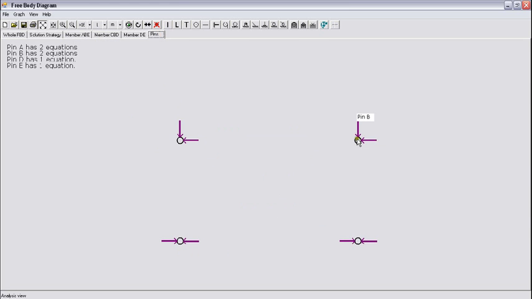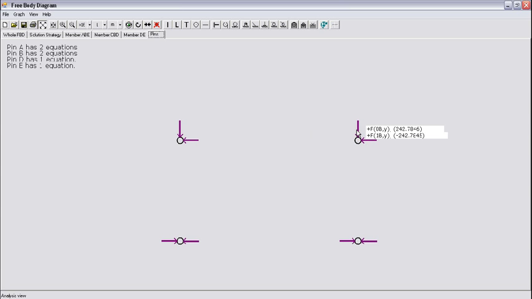If I look at the free body diagram of pin B, what we see is 1bx and 0bx have the same magnitude but are opposite, which is consistent with Newton's third law. And in this direction we have two forces, 0by and 1by.